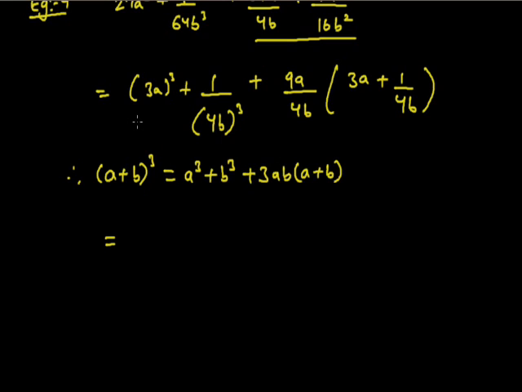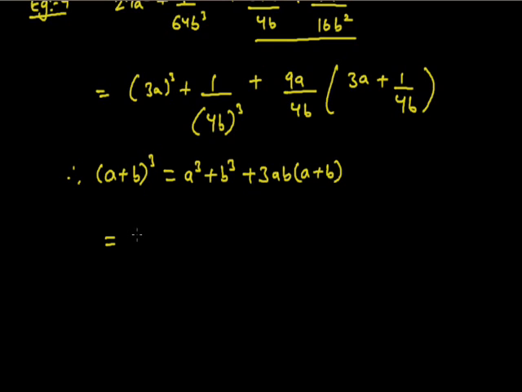because if we consider 3a as a, it will become a cube plus 1 by 4b as b, so b cube, plus 3ab into a plus b. And 3ab means, if we take 3 common from this 9, it will become 3a upon 4b. So it's actually in the form of 3ab.